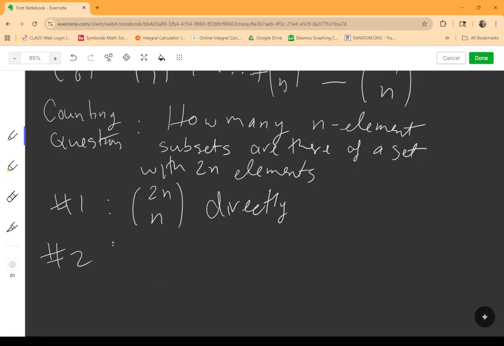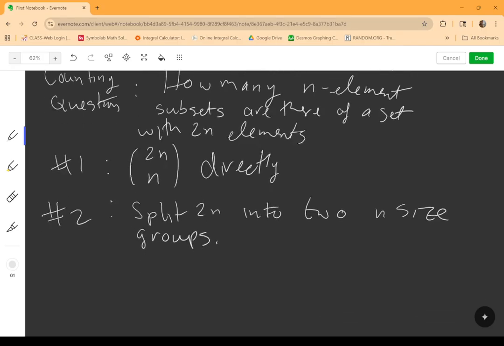So what I want to do is split 2n into 2 n-size groups.